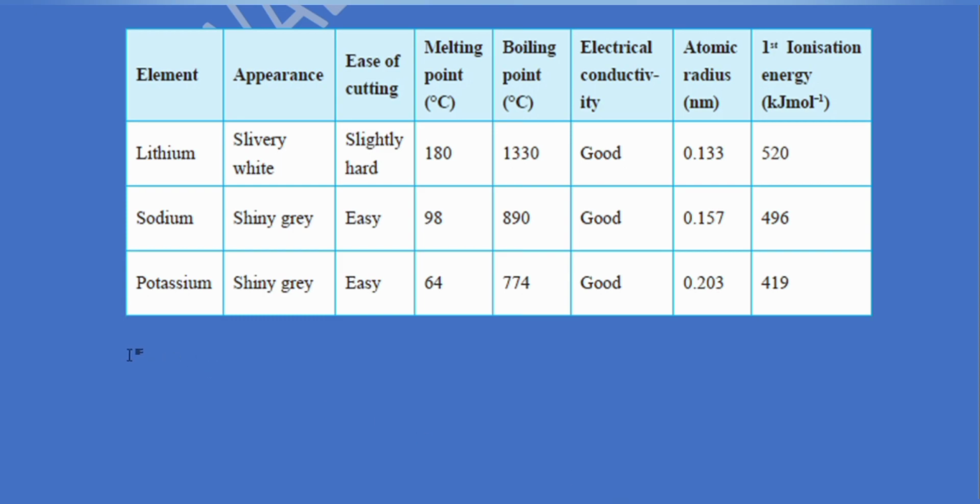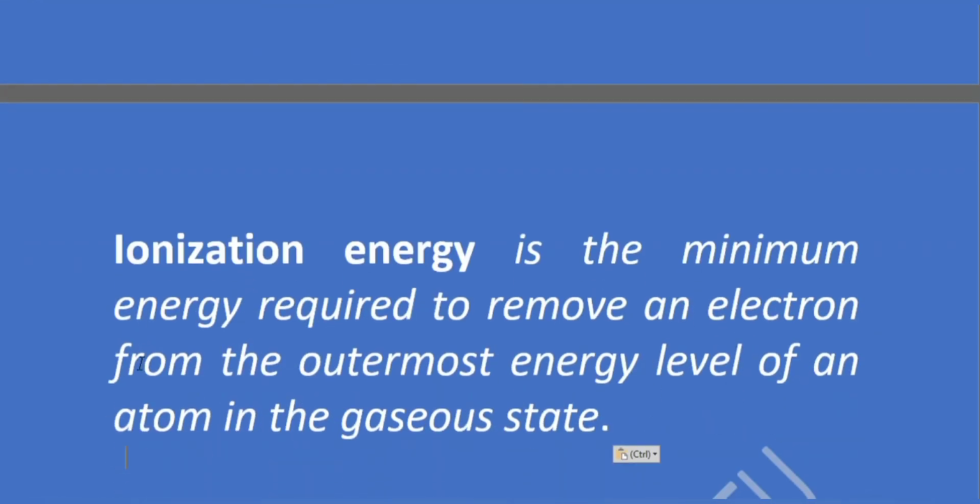alkali metals. Now we say that ionization energy is the minimum energy required to remove an electron from the outermost energy level of an atom in its gaseous state.